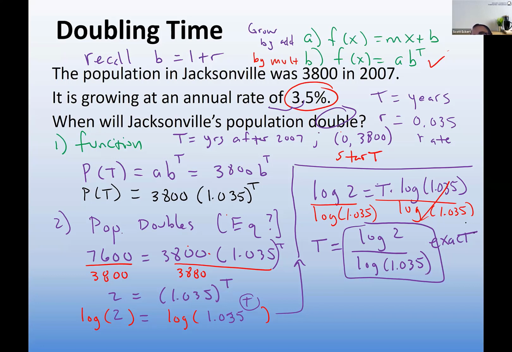In this case, a round off would be a lot better, because then that's what the mayor is going to understand. So now we need to pull out the calculator. Has anybody done it already?